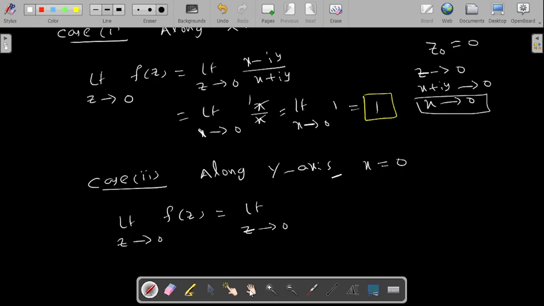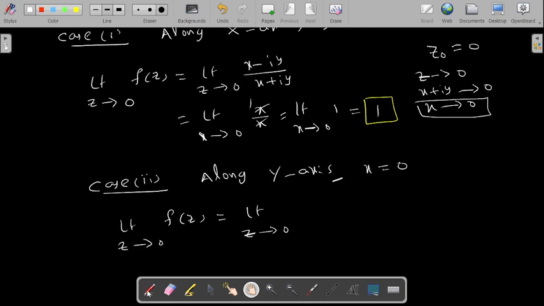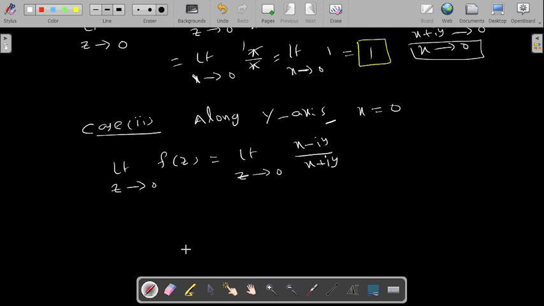What is f of z? F of z is x minus iy by x plus iy. So now x value is 0: 0 minus iy by 0 plus iy.